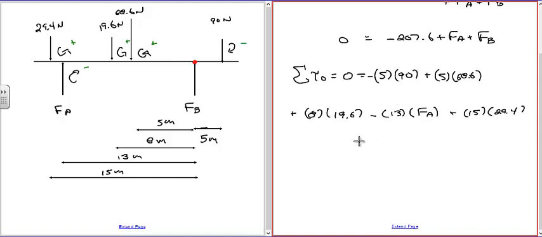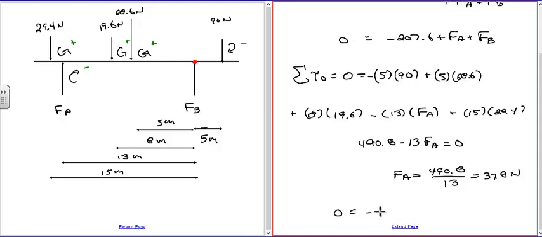So I get 490.8 minus 13 F sub A equals 0, or F sub A is equal to 490.8 divided by 13. And I get 37.8 newtons. And then you can go to the sum of the forces in the y direction.